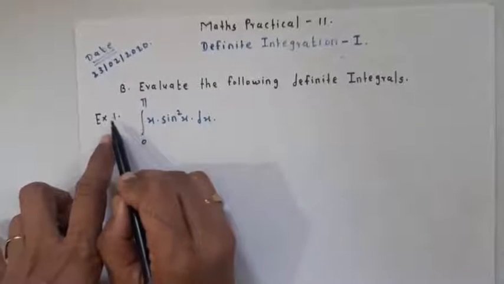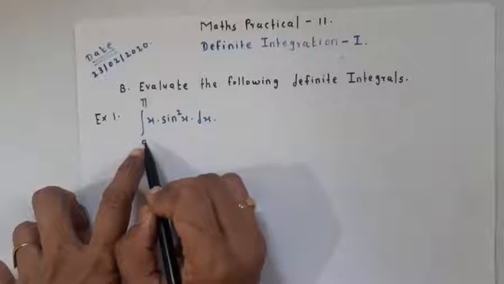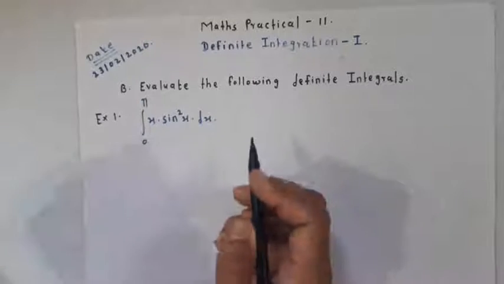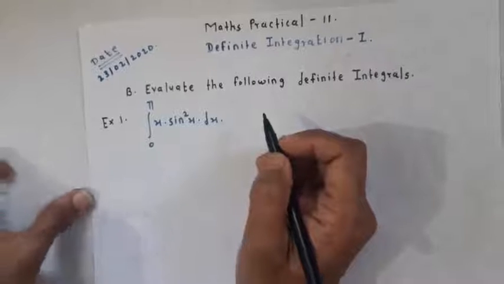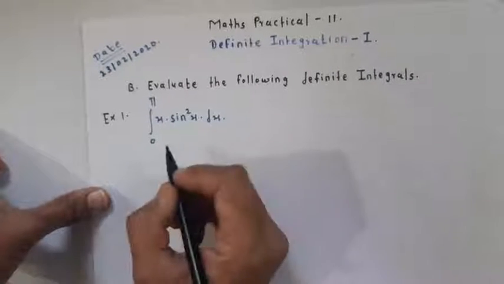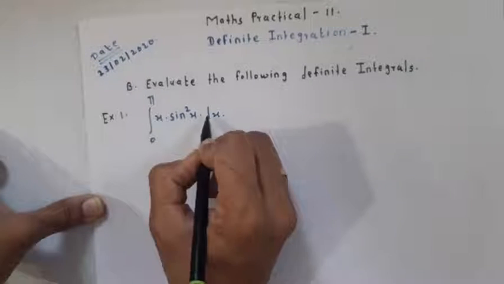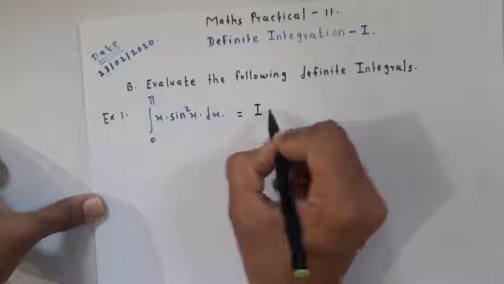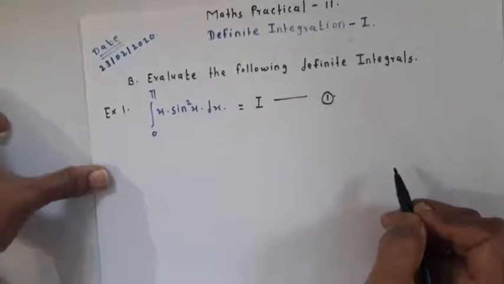The first one is the integral from 0 to pi of x into sine square of x with respect to x. By using the property we have to solve the integral. Let the integral from 0 to pi of x sine square x dx be equal to I. This is equation 1.